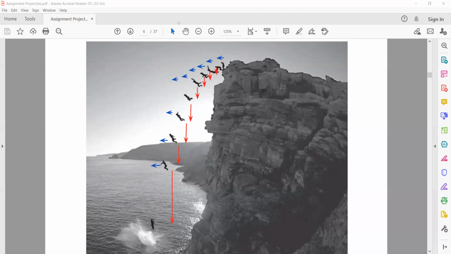The horizontal component of velocity is constant. That's why the horizontal distance is constant. But vertically, it is accelerating, and that acceleration is due to gravity. Is it clear why the horizontal distances are the same and the vertical distance for each picture is increasing?